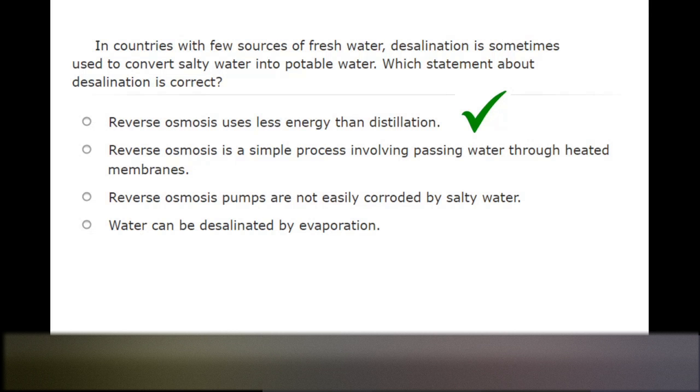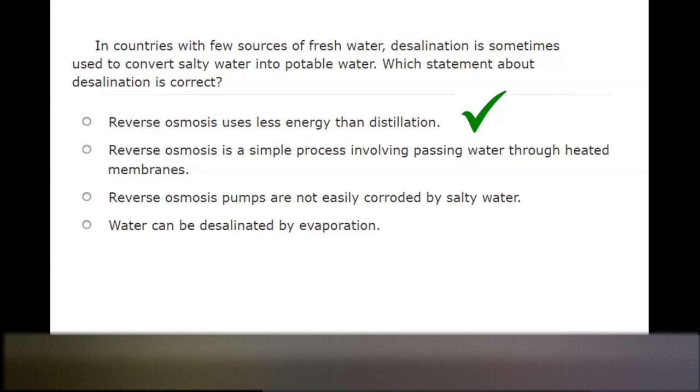Okay, so reverse osmosis is one of the methods that we can use to carry out desalination. It is a simple process involving passing water through membranes. However, it's not heated. Okay, it's not heated. So because it's not heated, it actually uses a lot less energy than distillation would have to use.